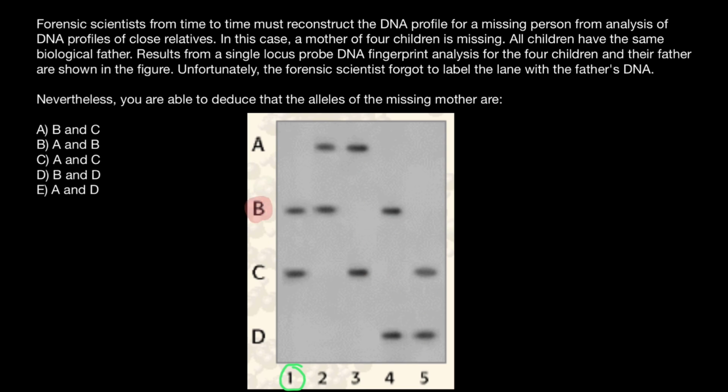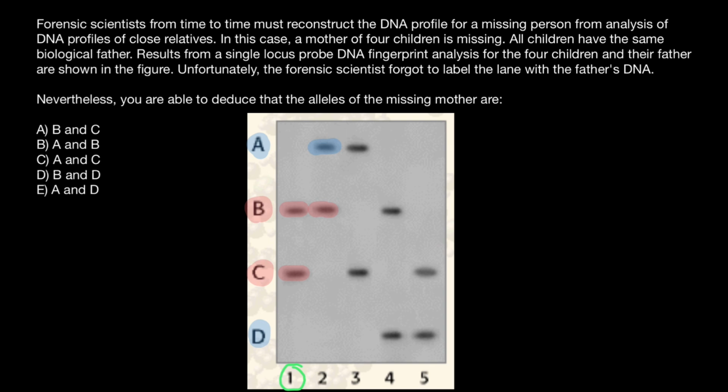Now we can say that the genotype of the father is B and C, so he has allele B and allele C, and the genotype of the mother has to be A and D. So the mother has two alleles, A and D. Her genotype is not present here, but we can see that one of her alleles is present in each child. For example, child number 2 got one allele from the mother's side, another allele from the father's side.